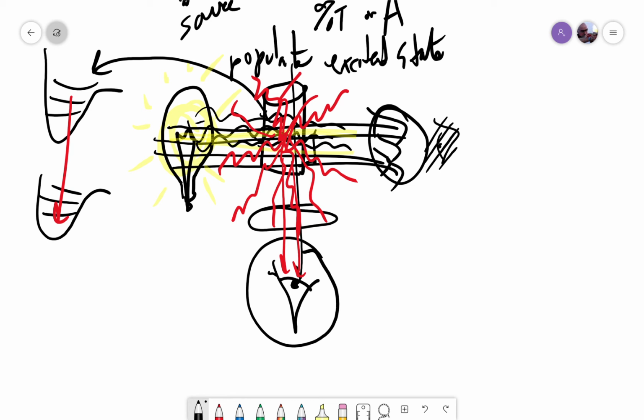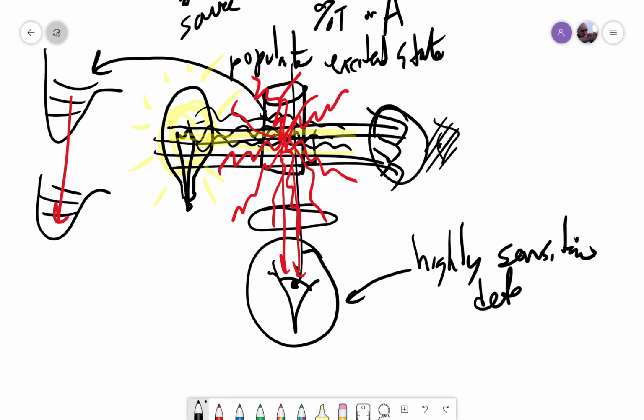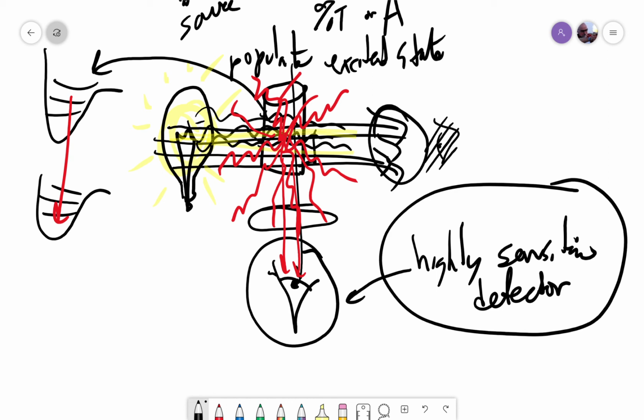In this way, fluorescence can use a highly sensitive detector. It only needs to detect the 1 or 2 photons that are being detected. There's nothing else going to create signal other than the fluoresced photons. So it doesn't have to differentiate.